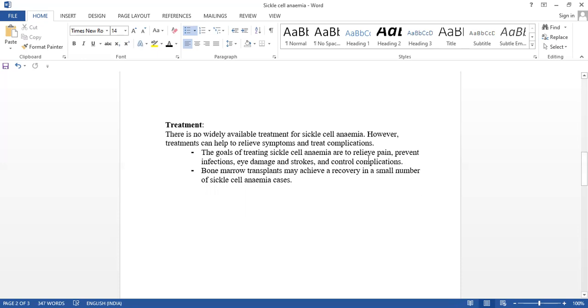To relieve the other symptoms, that is the pain or other the complications. We have to give the treatment to relieve the pain, to prevent the infection, to prevent the eye damages or strokes, whatever the organs will damage, that we have to give the treatment and control the complications.